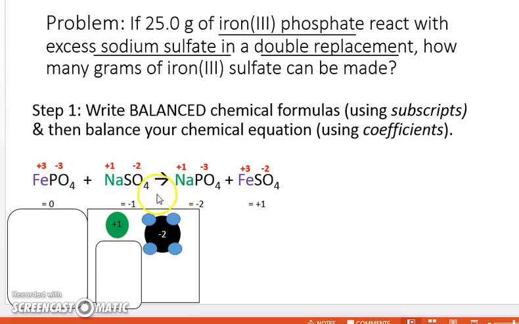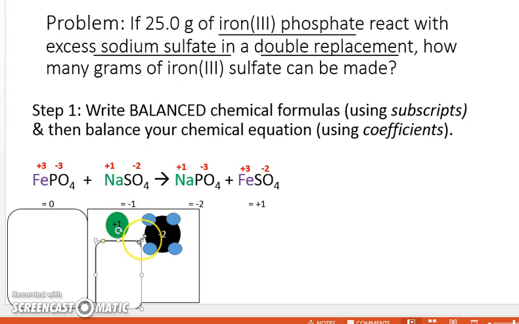The whole sodium sulfate needs to equal out to have a charge of 0. Now right now it has a charge of -1, because if you take +1 plus -2, the overall charge is -1. We have to fix that by adding more of one or both substances in the compound to make that charge equal to 0.